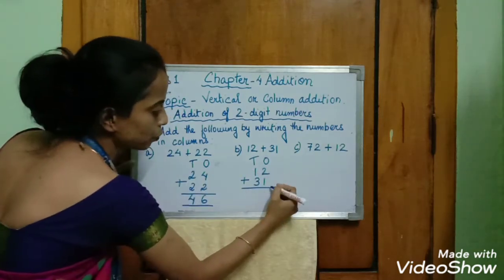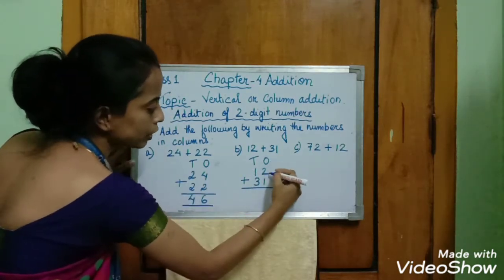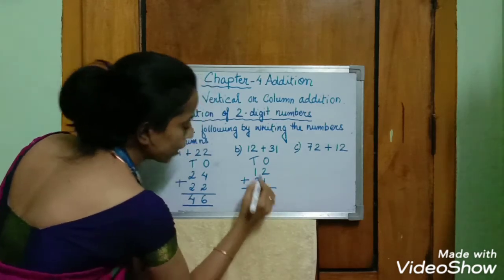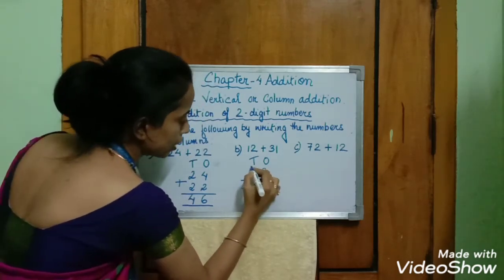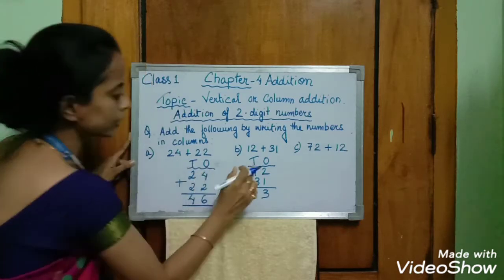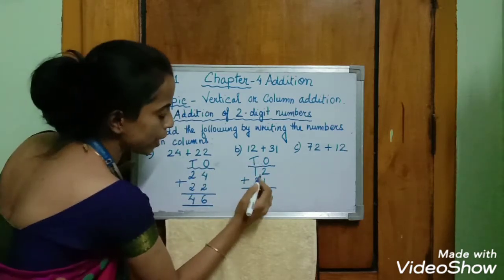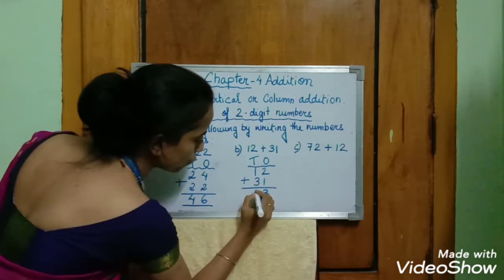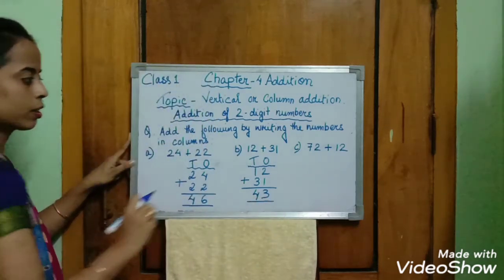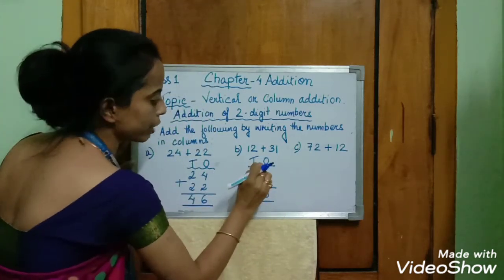Again you add the ones place first. 2 plus 1 comes 3. Then come to the tens place. 1 plus 3 comes 4. So the answer is 43. Clear?